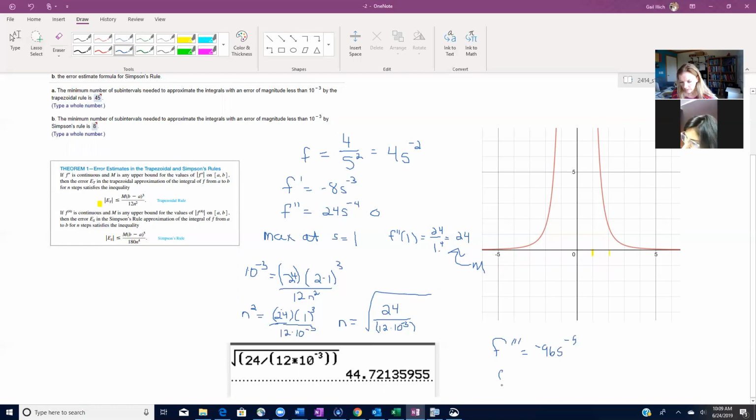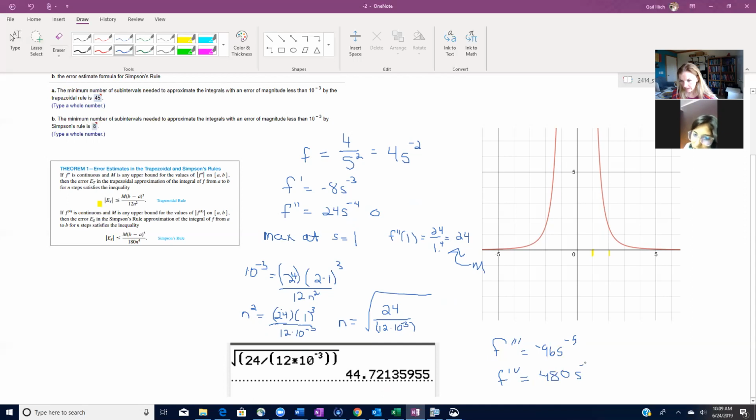And then your fourth derivative is 96 times 5, which is 480, so 480s to the negative 6.